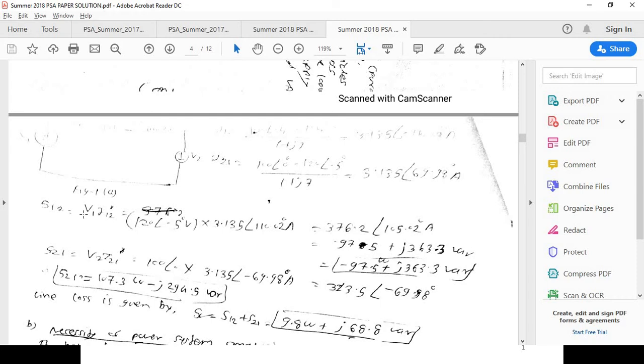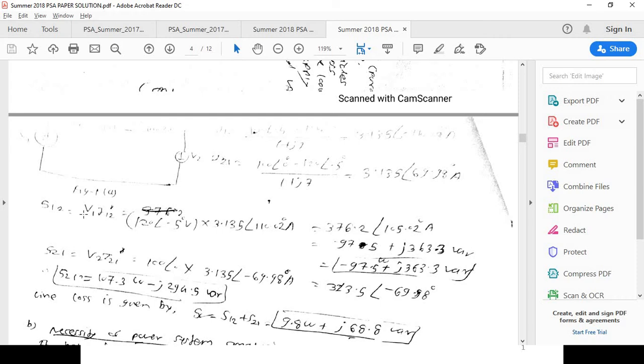So V1 is 120 at an angle of minus 5 degree volt into I12 star, which is 3.135 at an angle of plus 110.02 degree ampere, since it is the complex conjugate. So you will get the complex power minus 97.5 watt plus j 363.3 volt ampere reactive.